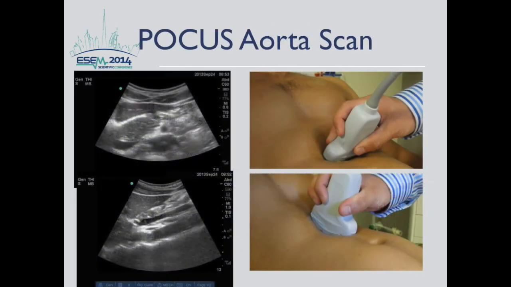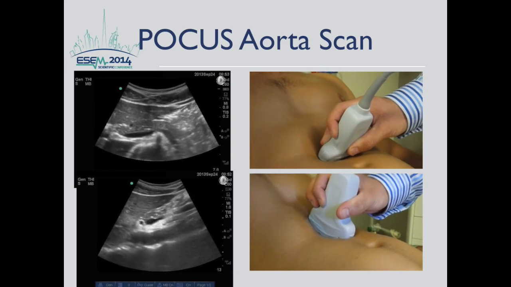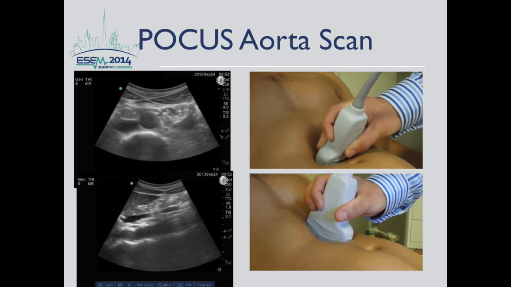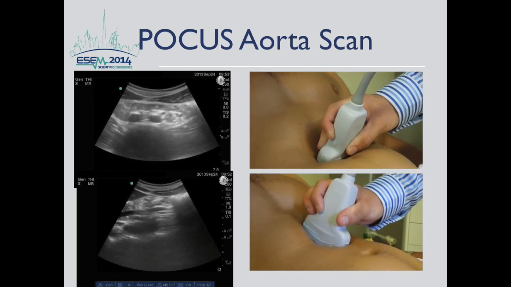So this is a summary of how to perform point-of-care ultrasound to evaluate for the abdominal aortic aneurysm. Remember, you will start proximally in a transverse view and you will change to a longitudinal view.